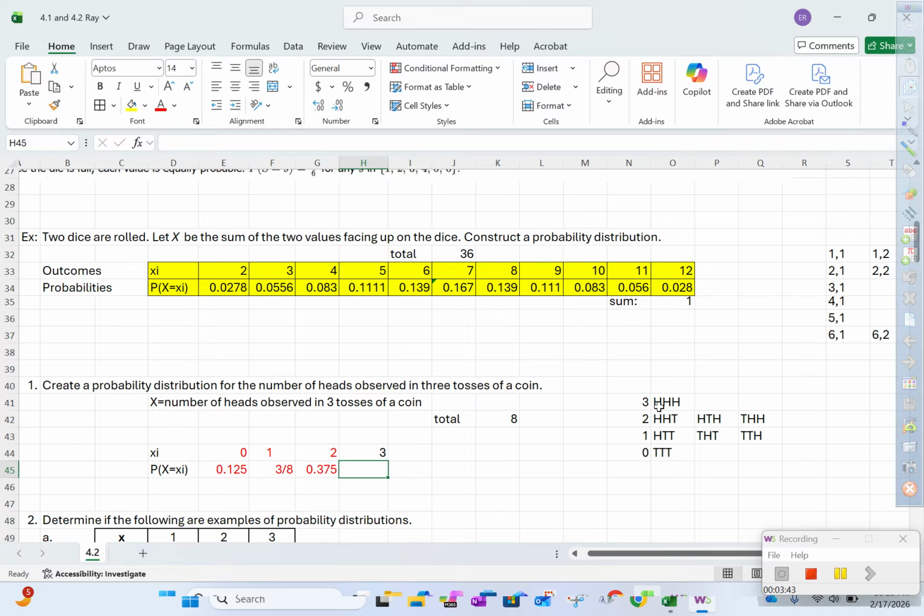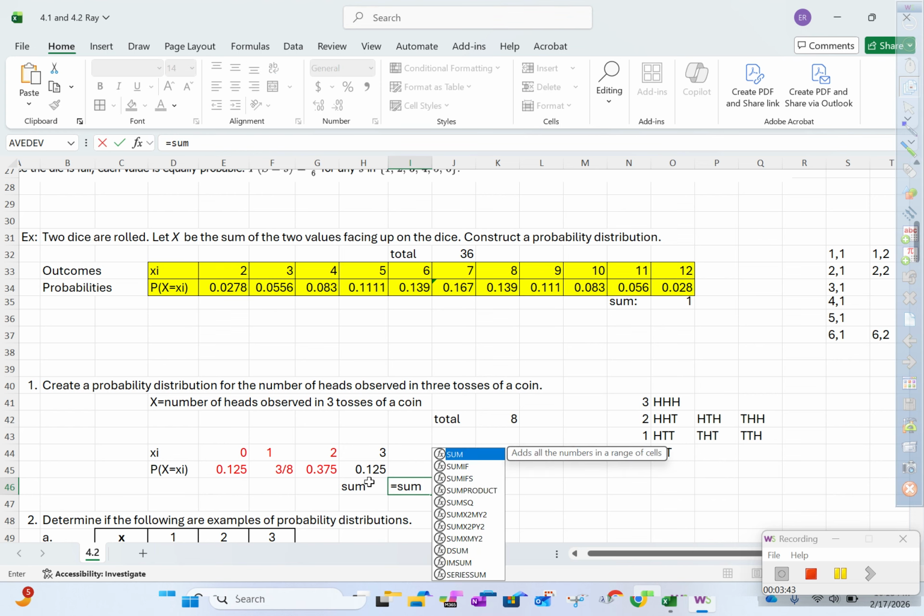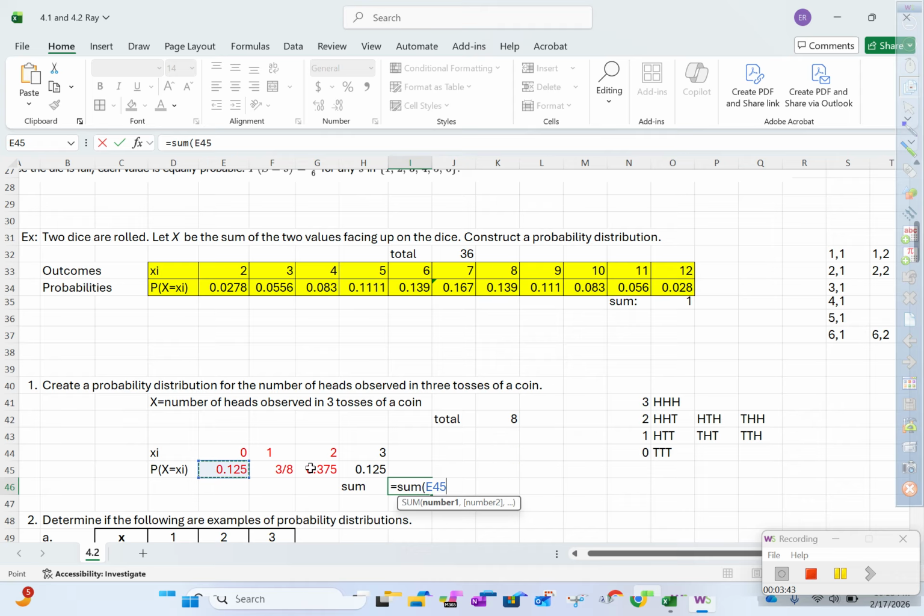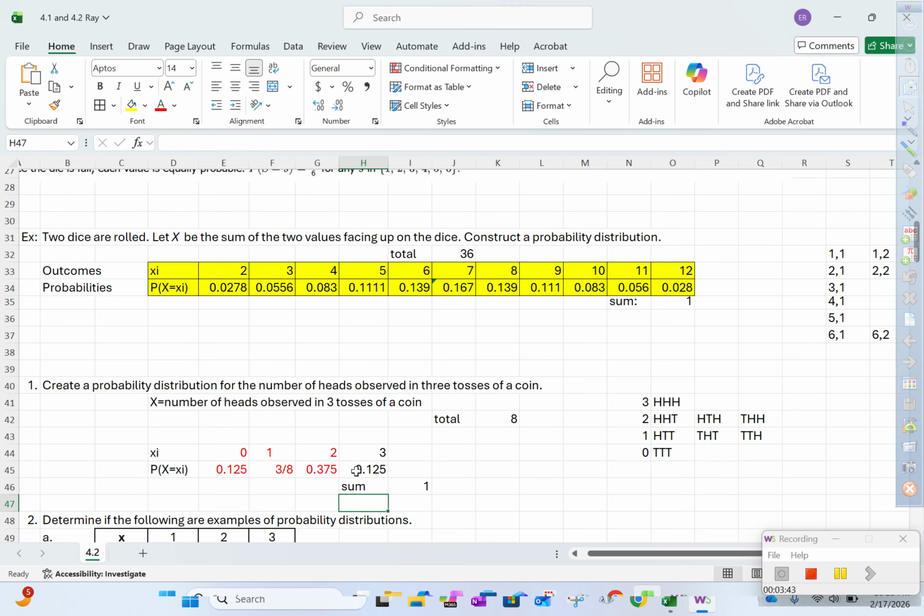And 3 heads right here is 1 out of 8. Again, we want to verify that we did this correctly, so I'm going to give this sum here and make sure it actually adds up to 1. And it does. Okay, so that is my probability distribution.